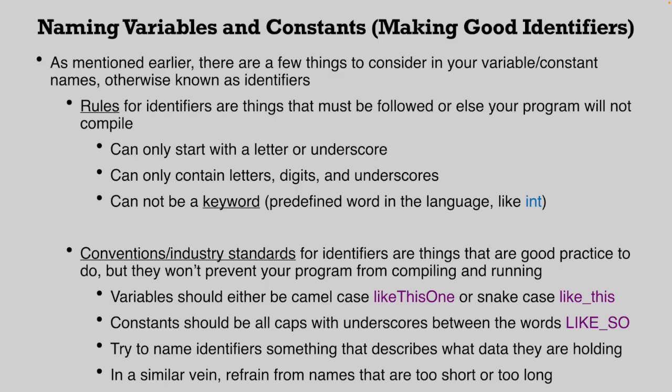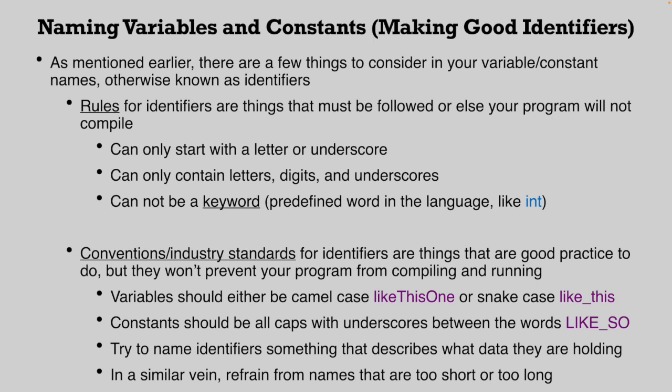All right, so those rules we talked about for naming your variables and constants earlier, we're going to be talking about them now. They're otherwise known as identifiers. So there are rules for identifiers, and those are things you have to do, or else your program will not compile at all.